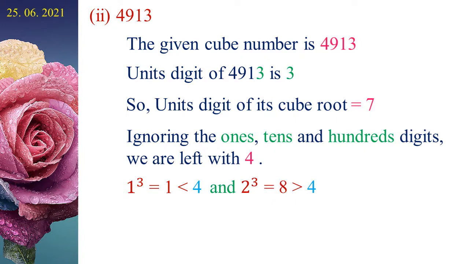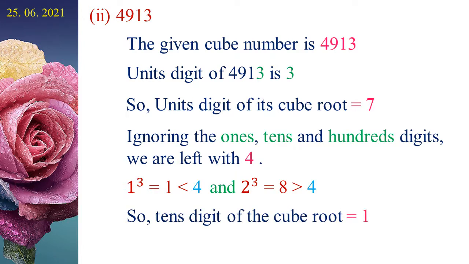So, next cube number, 2 cube equals 8. 8 is greater than 4. So, the tens digit of the cube root equals 1. The cube root of 4913 is 17.